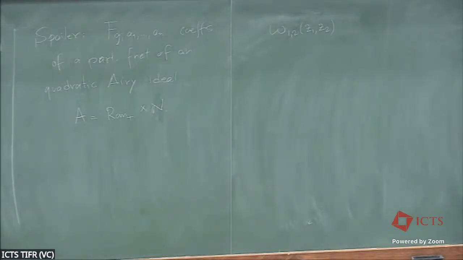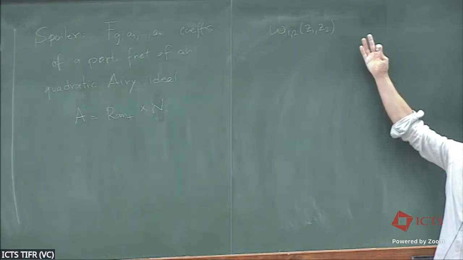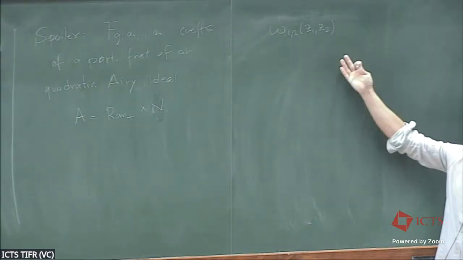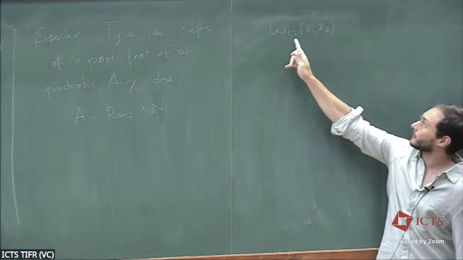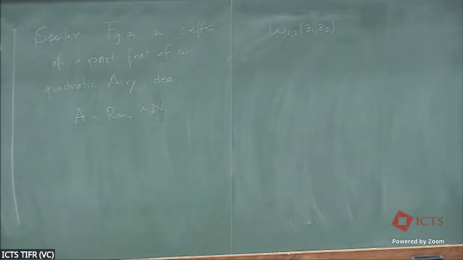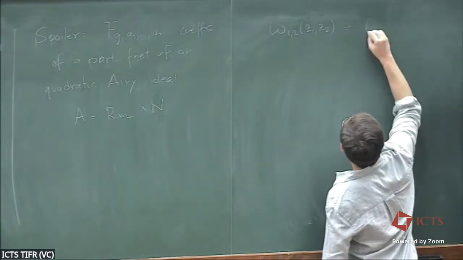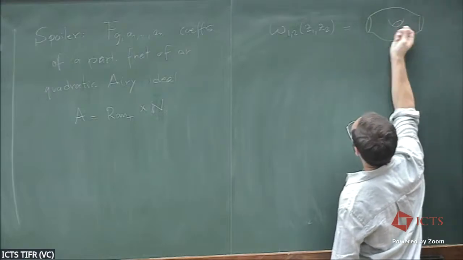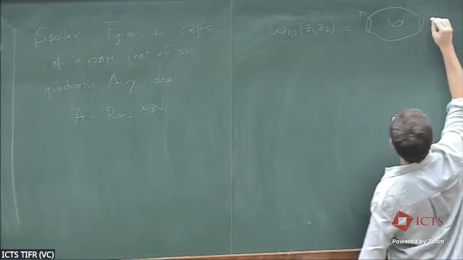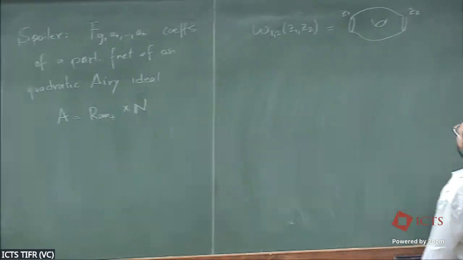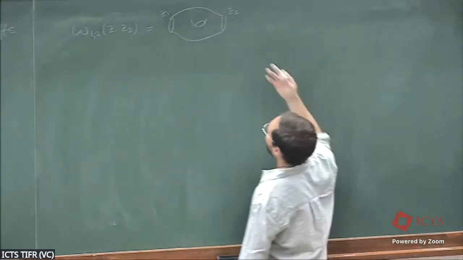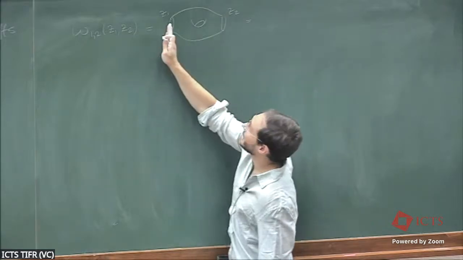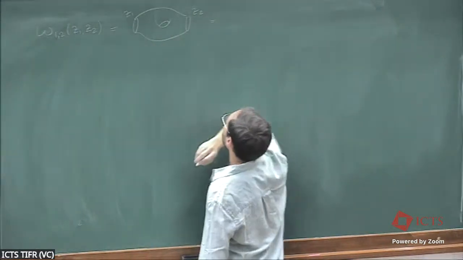From the formula that I just erased, what I have to do is essentially write down all possible ways of taking out a pair of pants from something of genus 1 with two boundary components, so that whatever is left is not a disk. So let's first start from something of genus 1 with two boundary components, labeled by Z1 and Z2, and write down all possible pairs of pants decompositions that bound at least Z1.